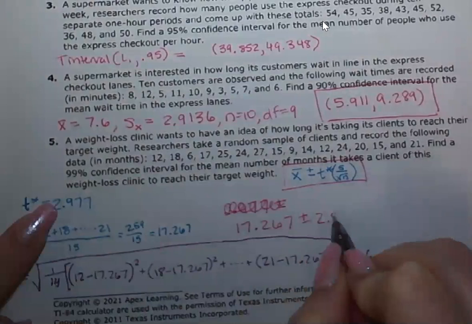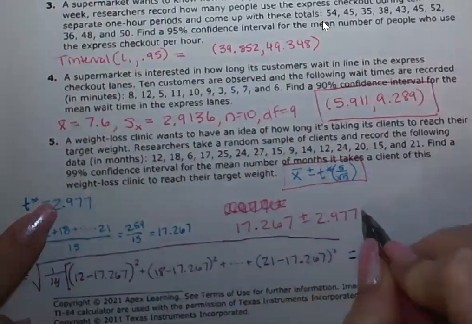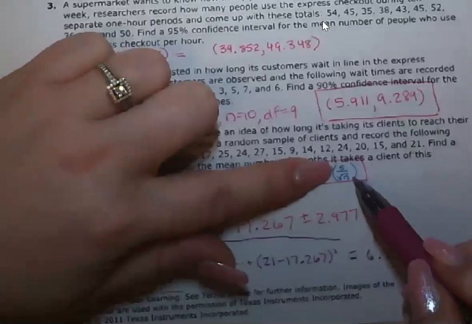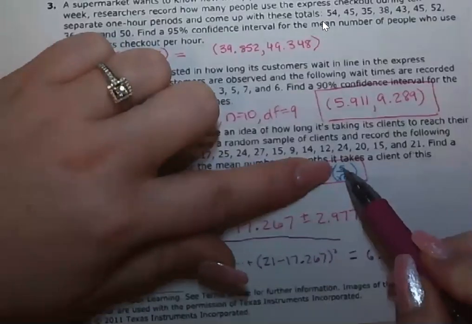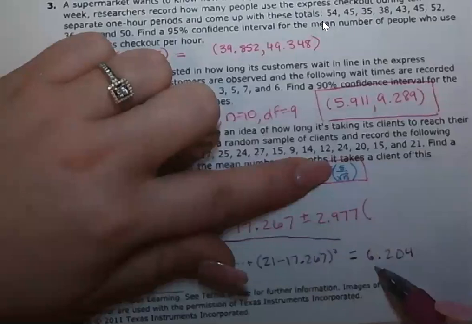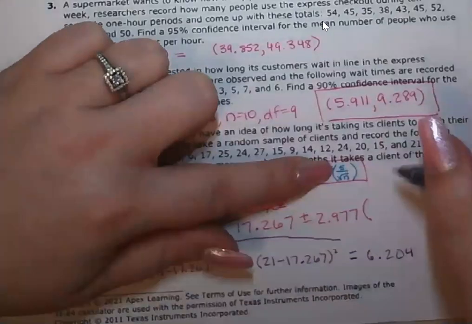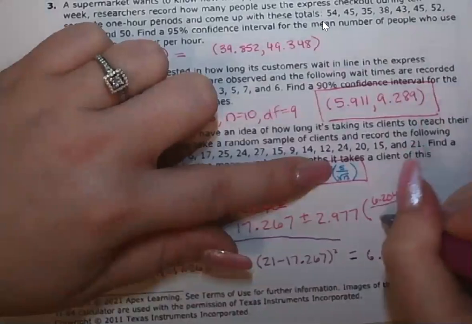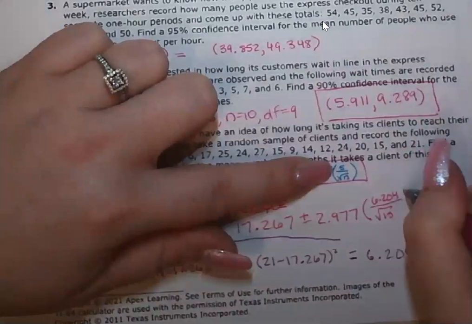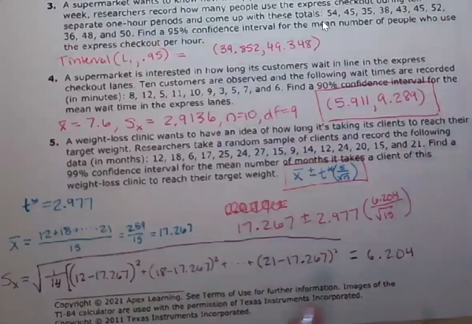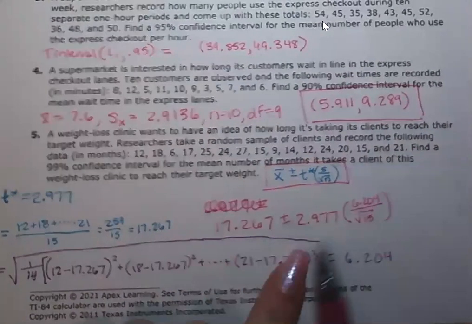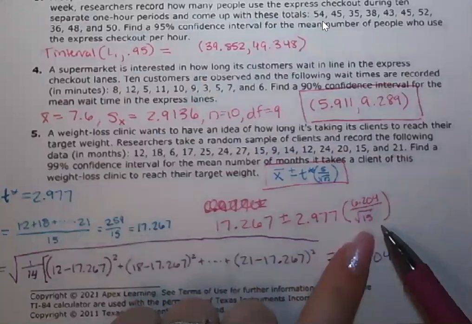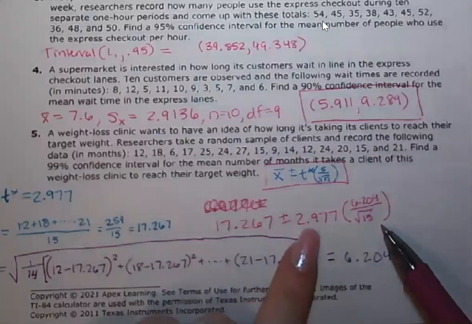Times the standard deviation of the sampling distribution for the means when we don't have the true population standard deviation, which is S, 6.204, divided by the square root of our sample size, which was 15. So, order of operations, do 6.204 divided by the square root of 15, and then multiply that by 2.977.